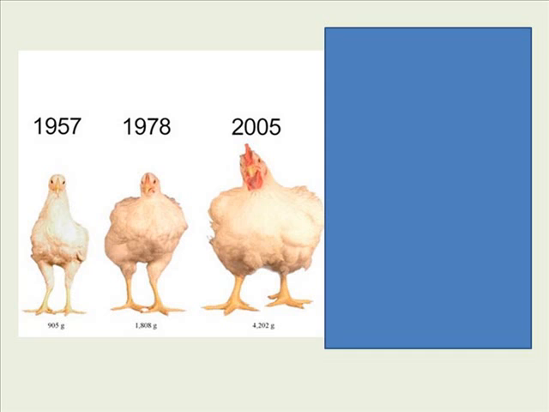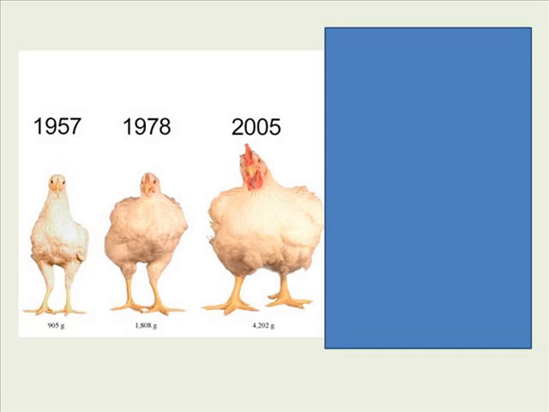We have also chosen to use selective breeding with our chickens. If you look in this picture here, back in 1957, the average chicken was not that big and bulky. It was actually quite small. Then selective breeding began, and we started to pick the biggest chickens in the group to breed together, so that by 1978, the average chicken was actually larger than it had been.